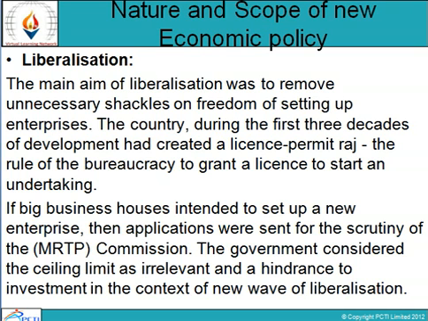The government described that the limit should be abolished so that the private sector could establish big projects in the core sector, that is heavy industry, infrastructure, pharmaceuticals, etc. The government considered the ceiling limit as irrelevant and a hindrance to investment in the context of the new wave of liberalization.